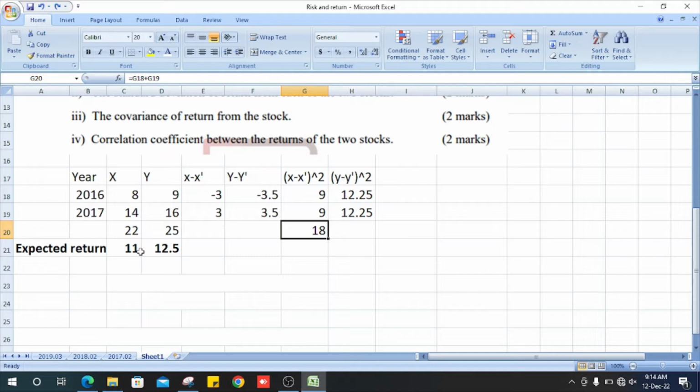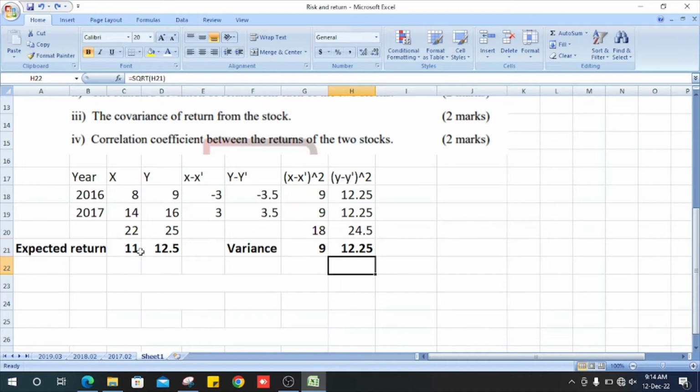Before that, we get the total of X minus X bar squared and Y minus Y bar squared to find the variance. How do we get the variance? Get the total of each column and divide by the number of years, which is 2. 18 divided by 2 is 9 and 24.5 divided by 2 is 12.25.